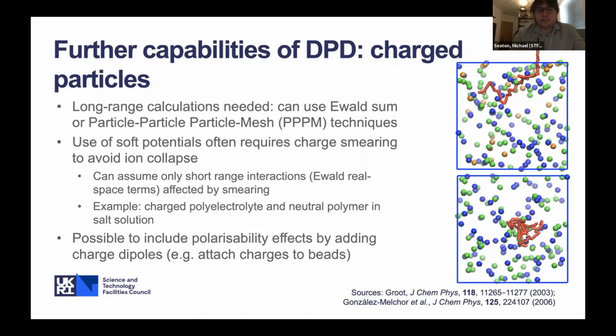The top one is actually a polyelectrolyte, so each bead has the same charge on it, and the system at the bottom is just that hydrophobic polymer. You can see the effect of adding the charges on that polymer means that it actually opens up, and you can show that by measuring the radius of gyration of that molecule.